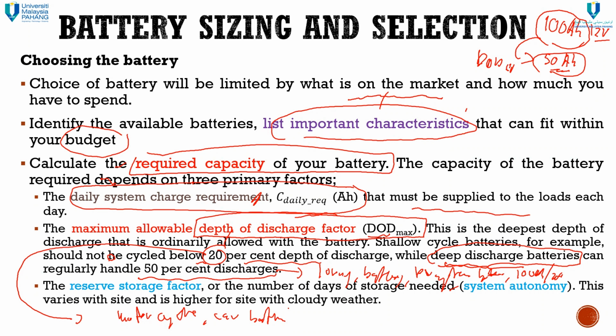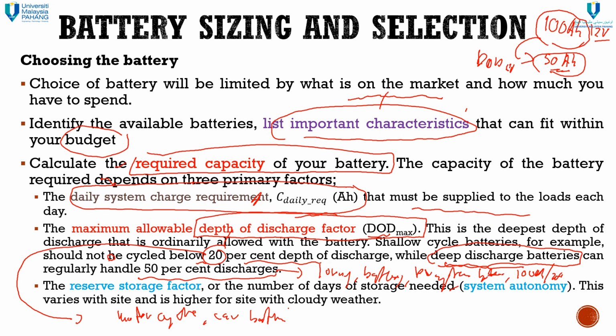It cannot be discharged more than 20%. You need to buy the dedicated battery, which is the lead acid battery, even the AGM type, gel, or VRLA, valve regulated lead acid battery. That one is the example of the deep cycle battery.